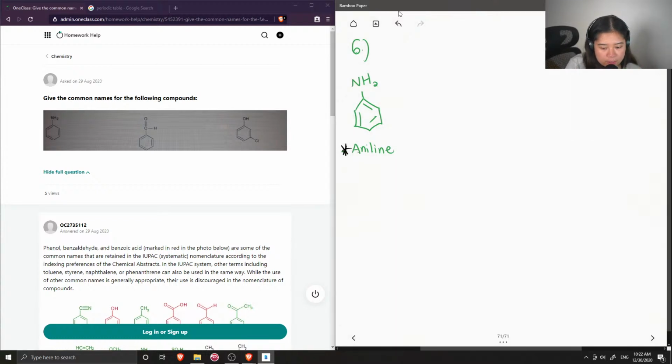But it can also go by phenylamine, or even aminobenzene, or benzenamine, which is the least common.